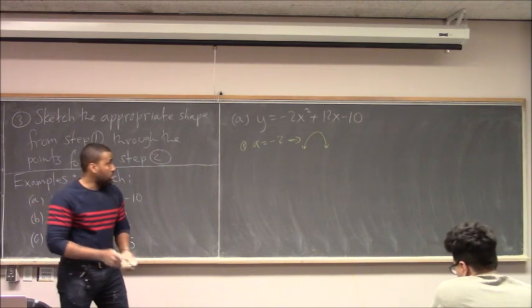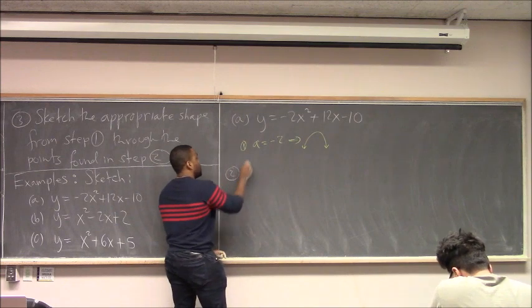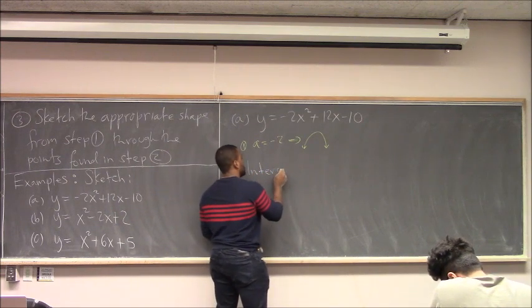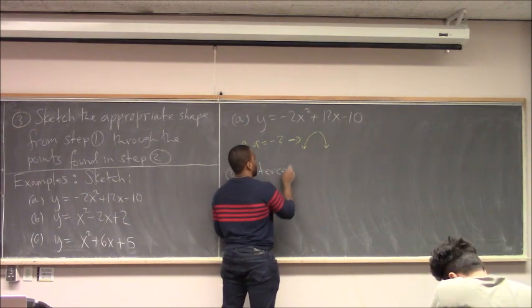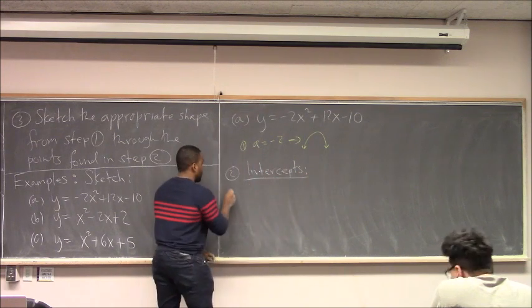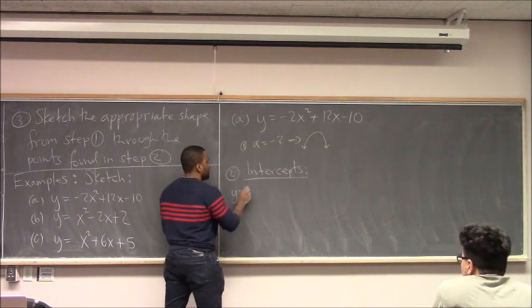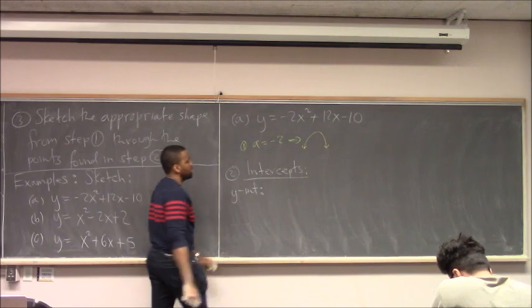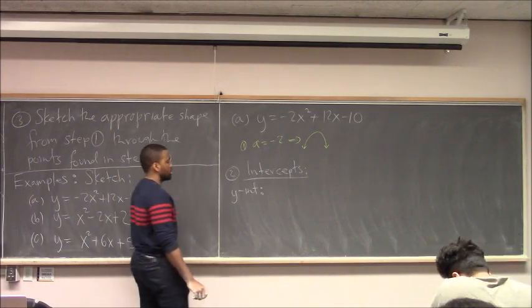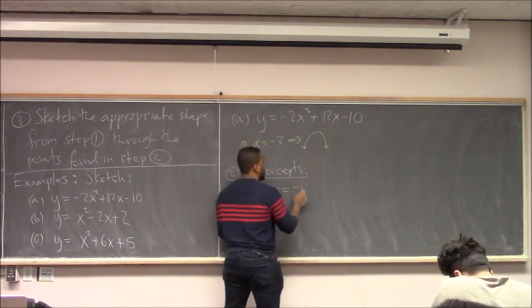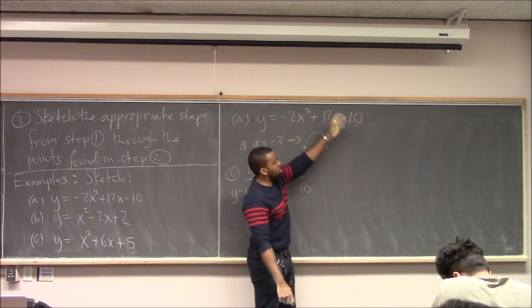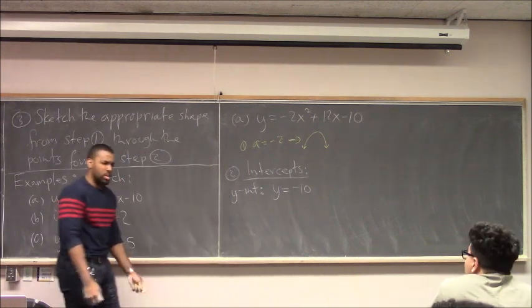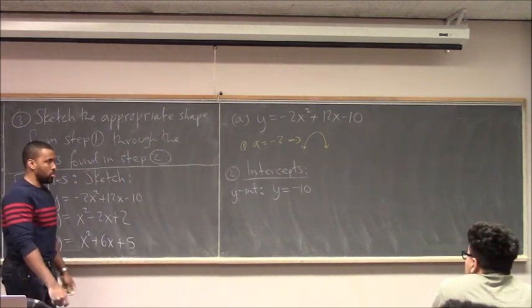Okay, so now step 2, you're going to find the intercepts. So start with the y-intercept, it's easier, so you can do that first if you want. So what's the y-intercept here? Y equals minus 10. Right? Just plug in x equals 0, got constant terms. It's always going to be the c in the general formula.